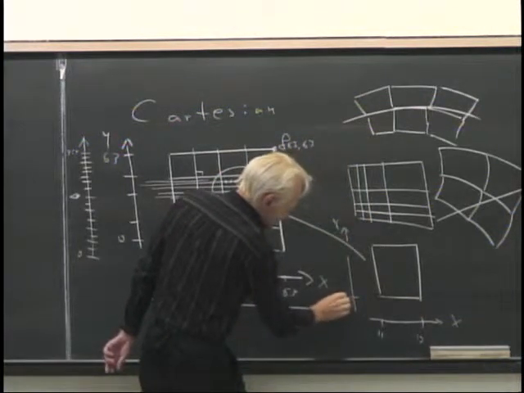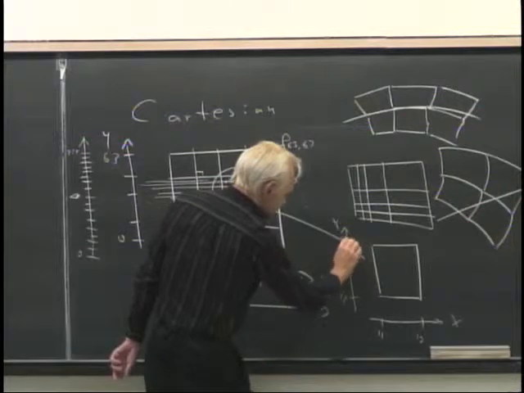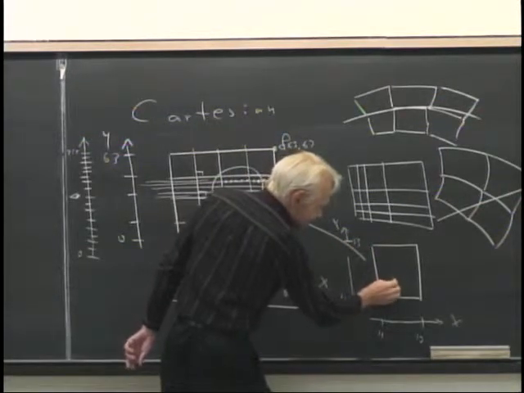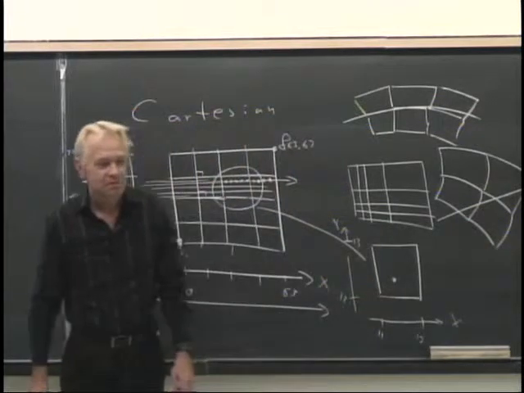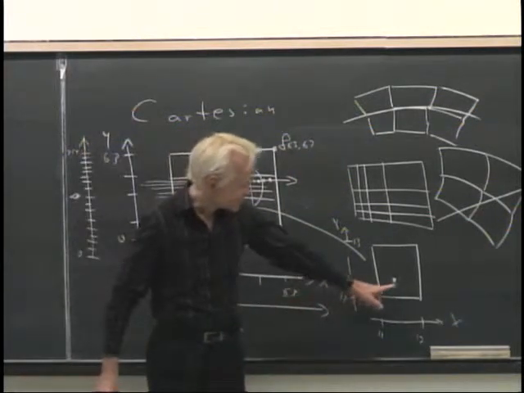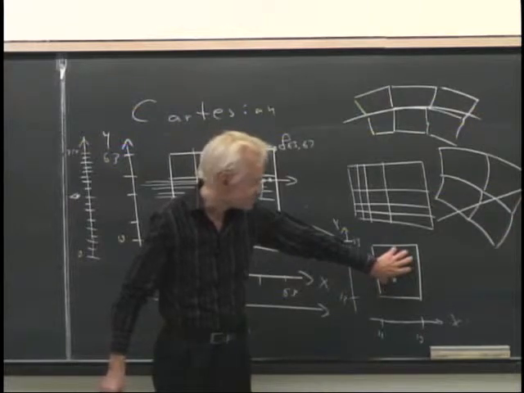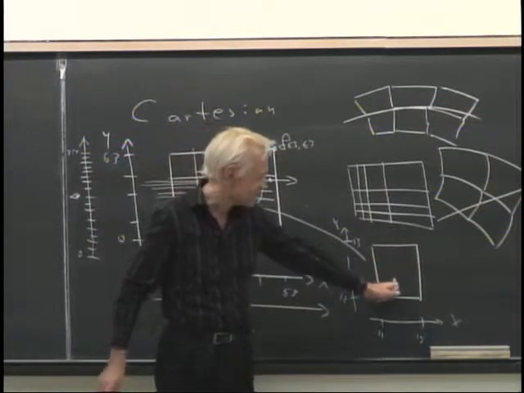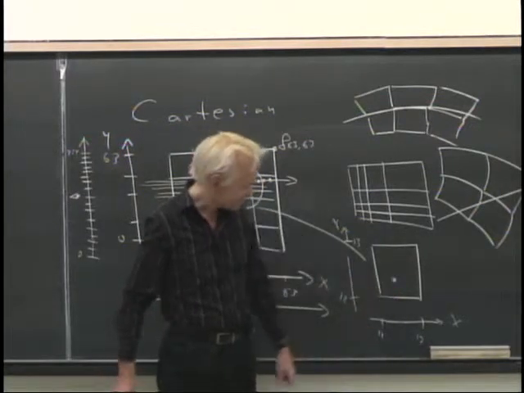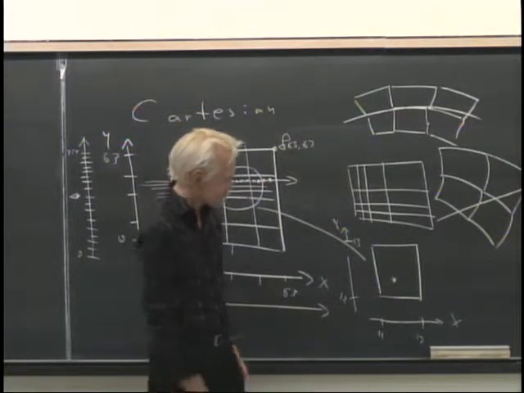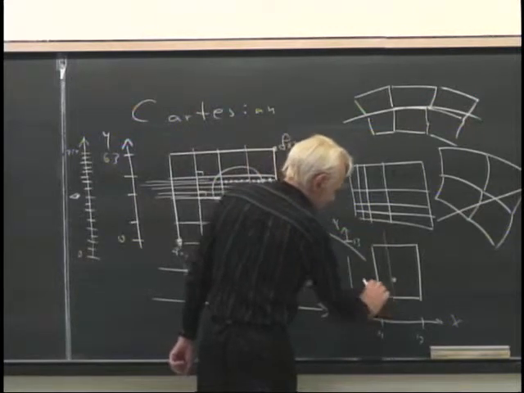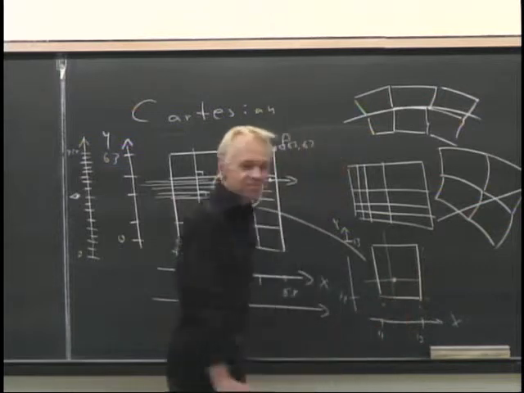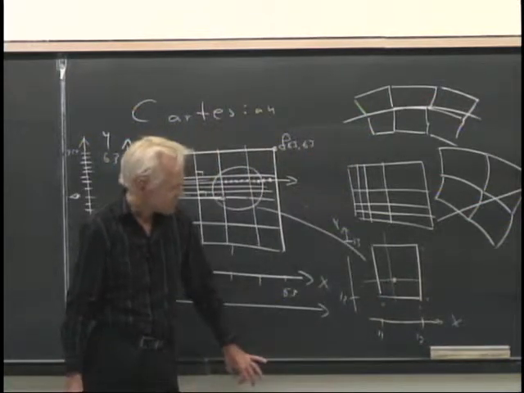This might be 12, and this might be 13. Then somewhere you have a sample point. What are the local coordinates of this point relative to this cell if I want this cell to be parameterized between 0 and 1? How do I get a number for this that is between 0 and 1? Locally, I want to parameterize this using coordinates varying between 0 and 1.